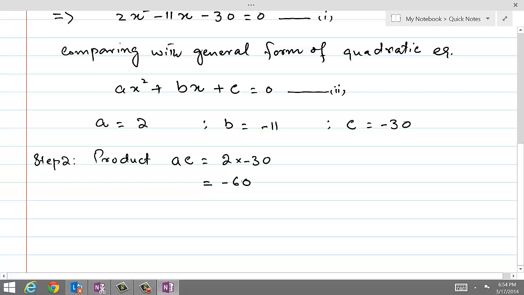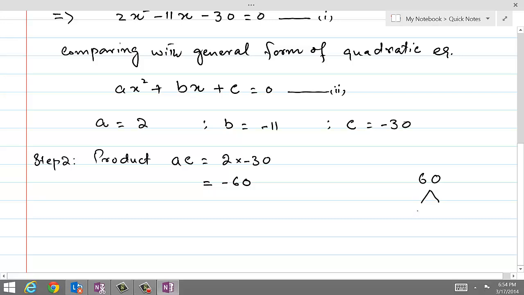As this product AC is negative, as a rule of the procedure, we will be interested in finding two such factors of 60 whose difference is equal to b without the algebraic sign of b, meaning 11.